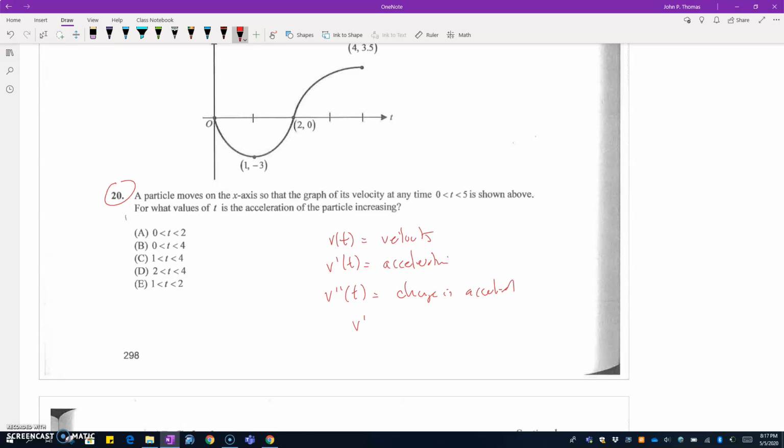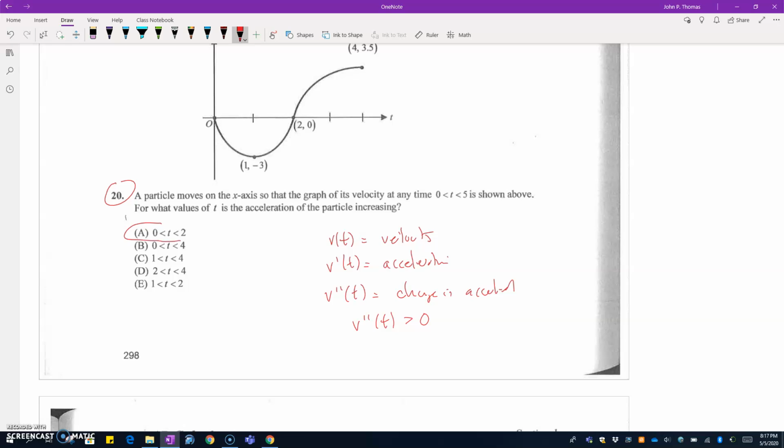So we need v double prime of t to be greater than 0 for acceleration to be increasing. All right, because the acceleration's increasing when the rate of change of acceleration is positive. All right, so v double prime, that corresponds with concavity, and I want it positive, so we really want concave up. All right, so concave up, that would correspond with the first sections here from 0 to 2.